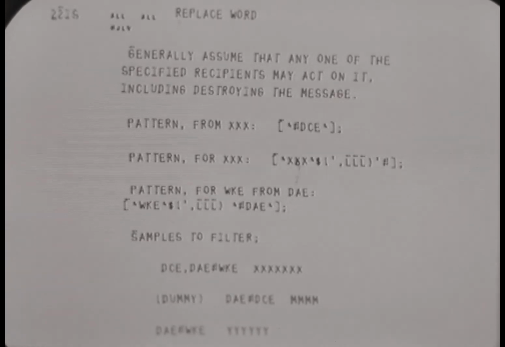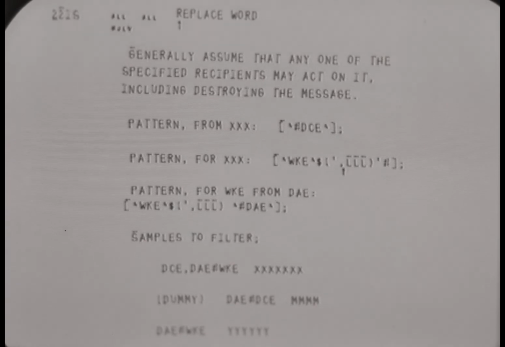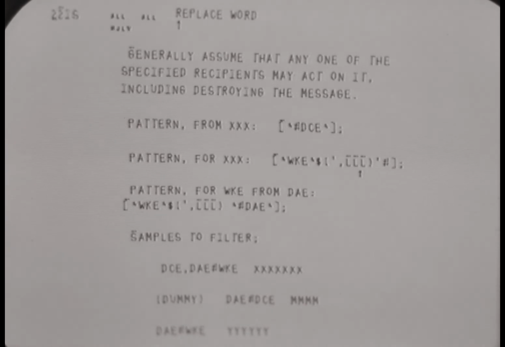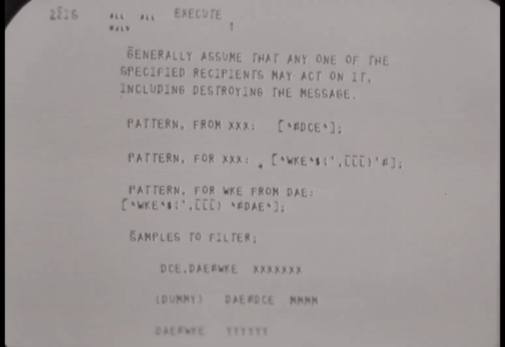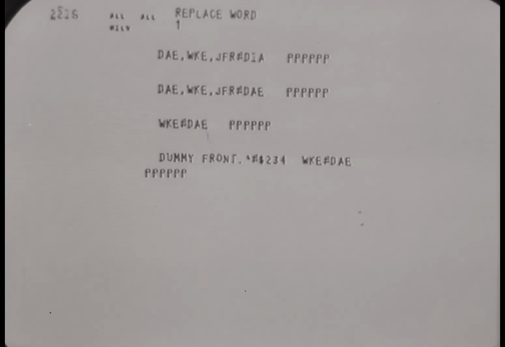So I can say, all right, this is for WKE, a message for Bill. The rest of this pattern here says it's got to be followed by any number of commas and letter triplets, but eventually by a pound sign, or it doesn't go. Well, let's compile that and see. Okay, it passed the test. All right. There's for WKE, for him, and a dummy.